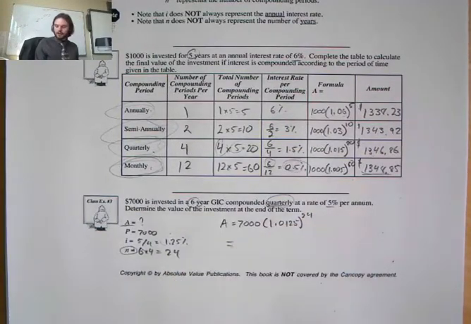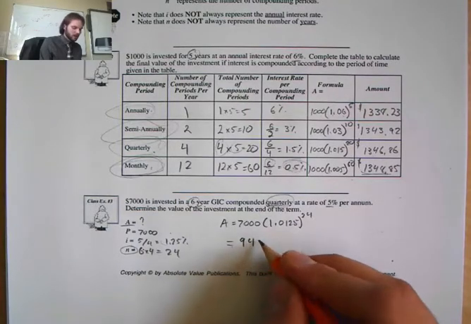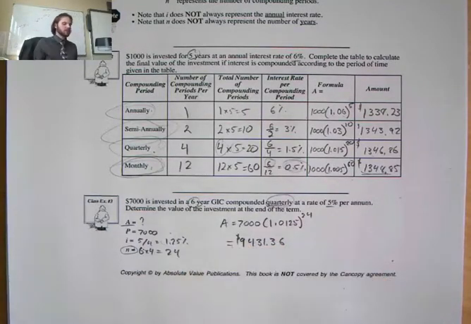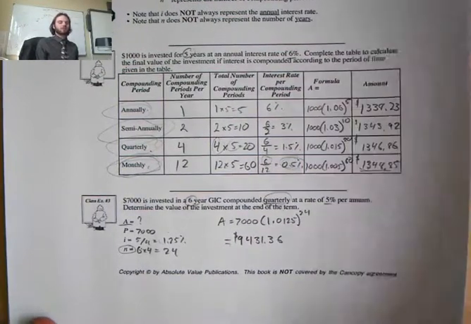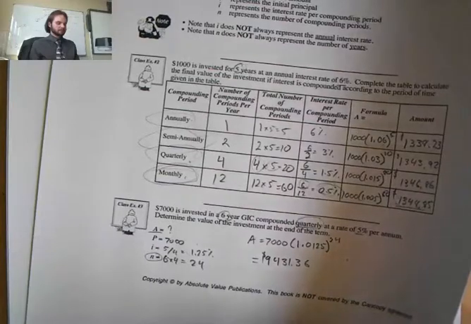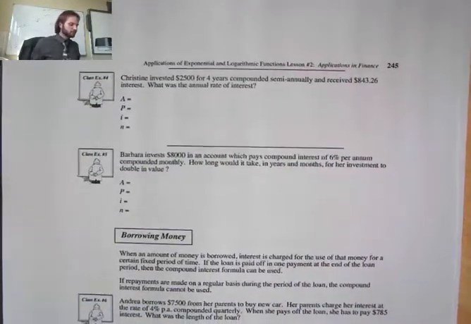So what's that going to end up giving me? This will give me $9,431.36. So that's how much money he'll have at the end, which is a pretty good amount of change and a good investment.